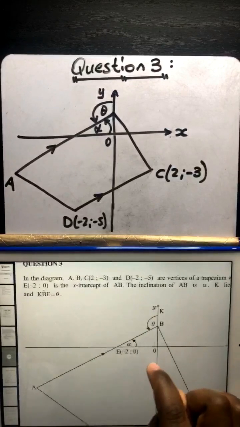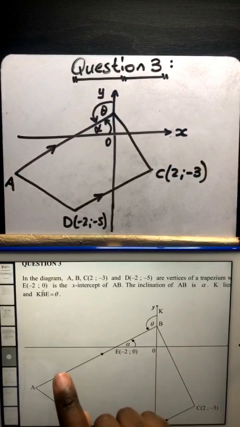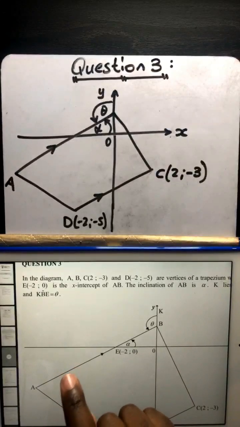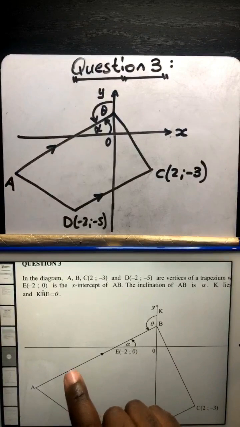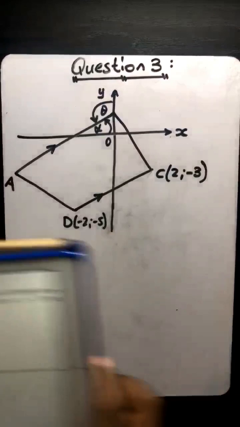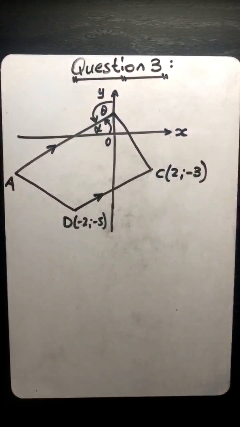In triangle KBE, angle B is theta. That also makes sense. Now let me take that away and quickly have a look at the given diagram and do a very quick interpretation.